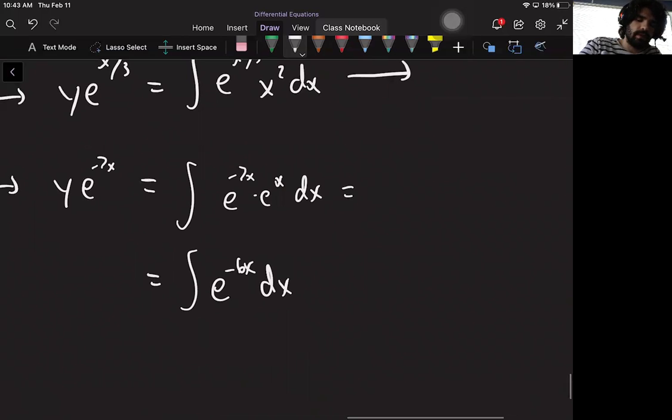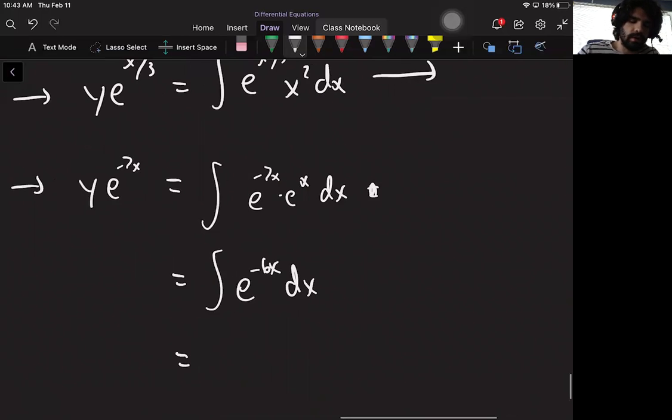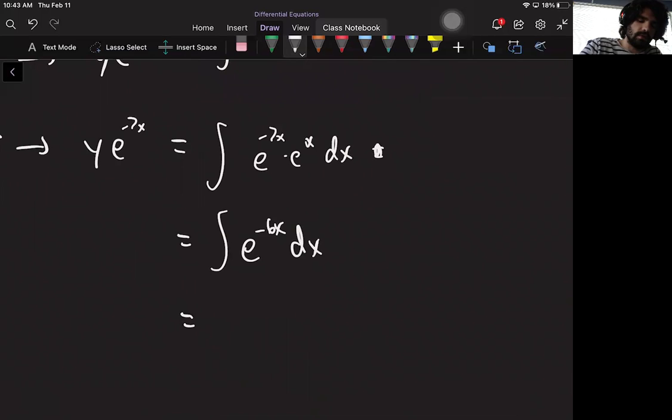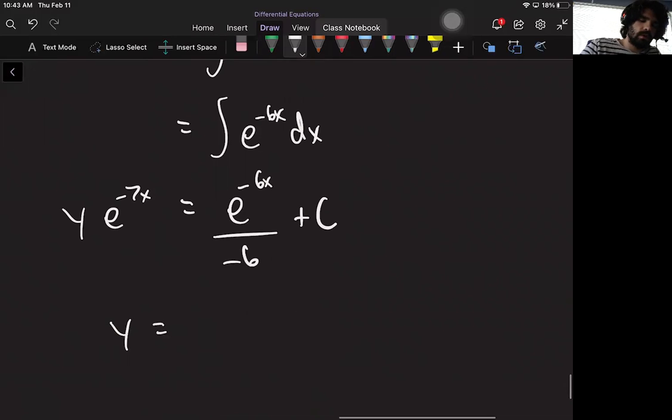And then that integral you can do very quickly with u sub as well, but it's going to be e to the negative 6x divided by negative 6 plus c. And then that will finish it off. Let's see.